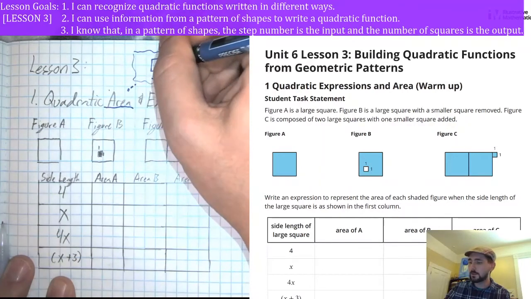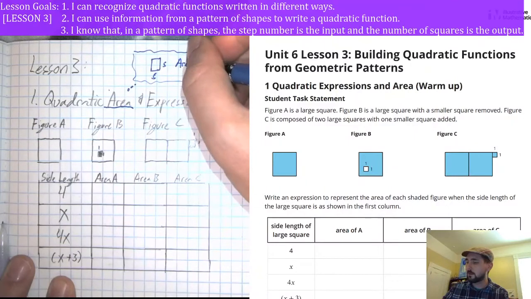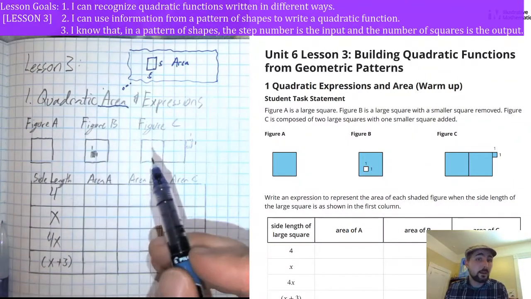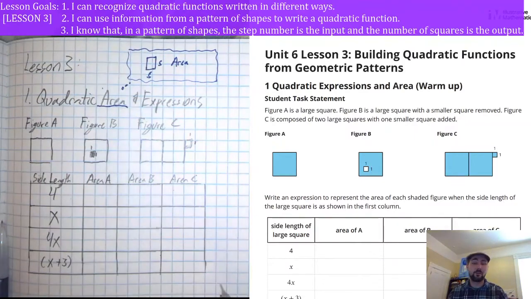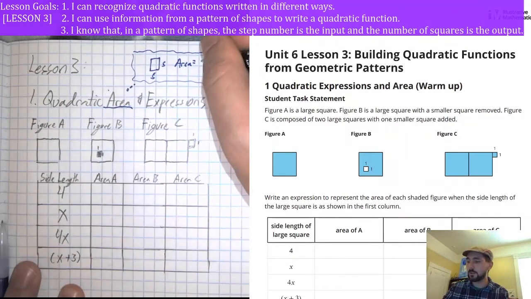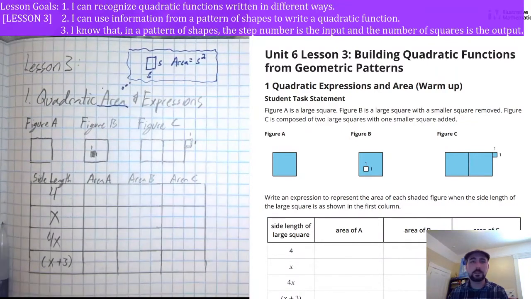So one side and one side, and the area is just these 2 numbers multiplied together. But because those numbers are always the same in a square, the area of a square we just say is the side length squared, right? Okay, so what does that look like for our 3 examples?